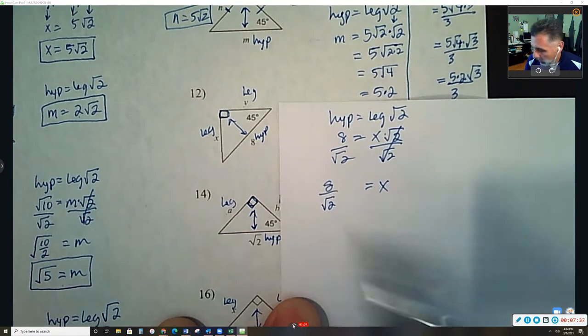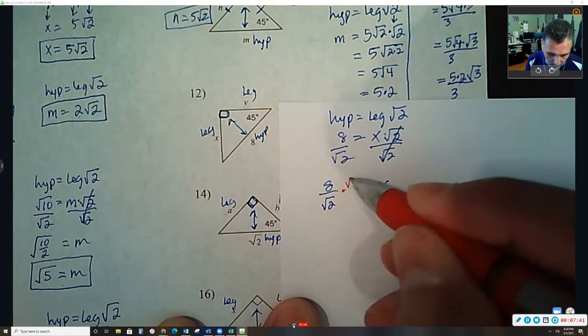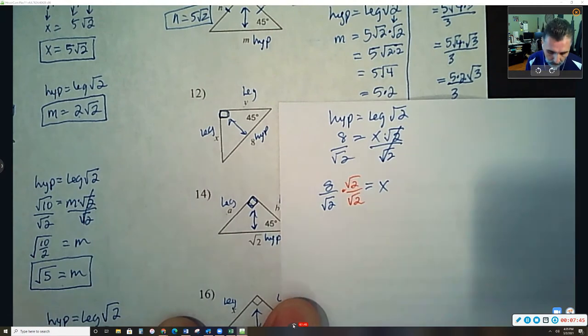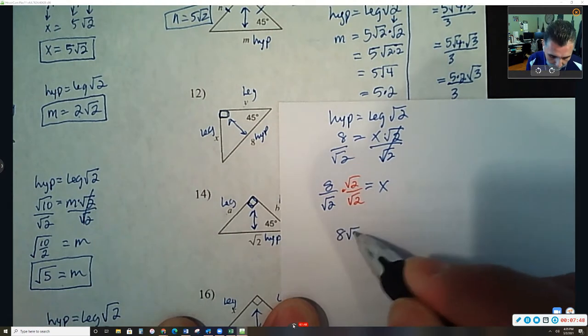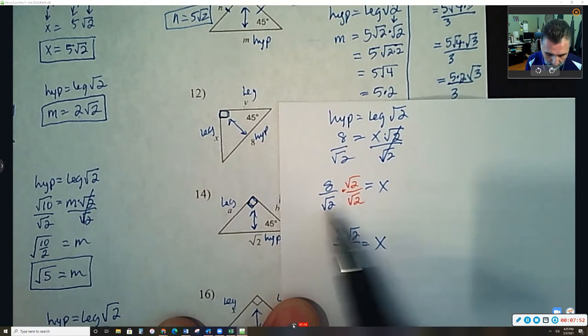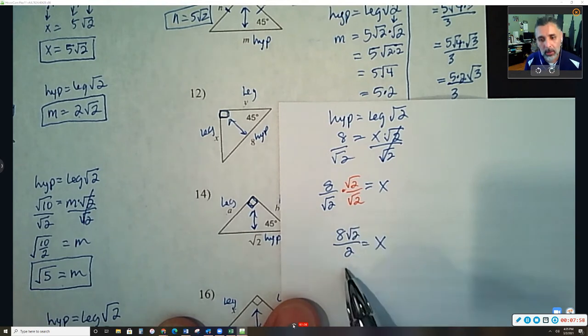And then this is kind of like one of the ones at the top. You cannot leave a square root in the denominator. So you multiply the top and the bottom by the square root of 2. And remember, this is just 2, because the square root of 2 times the square root of 2 is the square root of 4. Square root of 4 is 2.